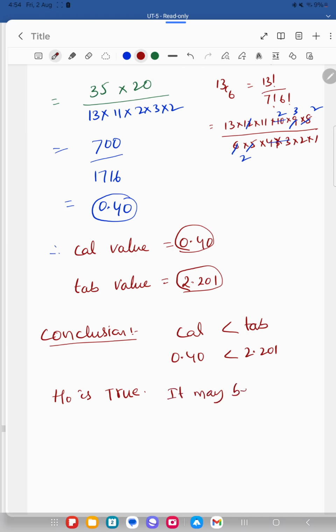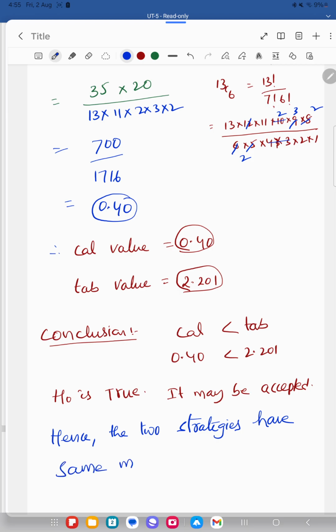Remember in the null hypothesis what we have written: the two strategies have the same median. Hence the two strategies have the same median. So this is the answer for this question.